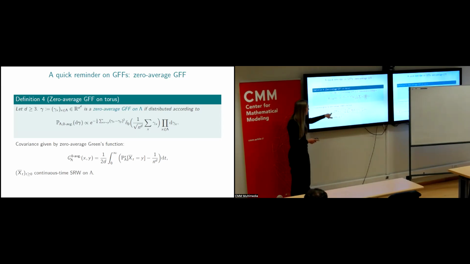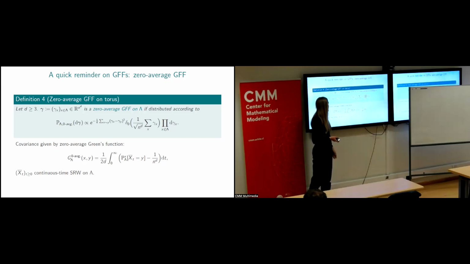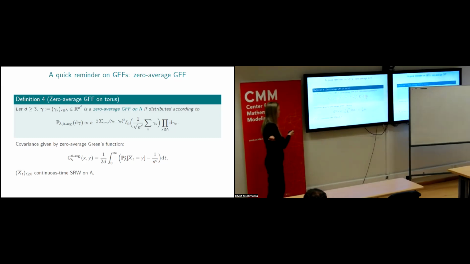So if x is fixed and we take the sum over y, this function will give 0. So in terms of continuous time random walk, it can be represented in this way.